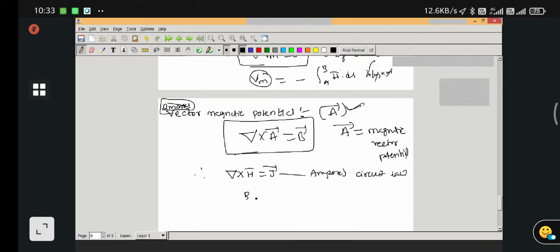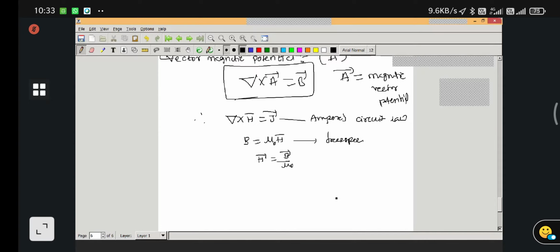What is the relation between B and H? B is equal to mu naught H, which is free space. H vector equal to B vector by mu naught.